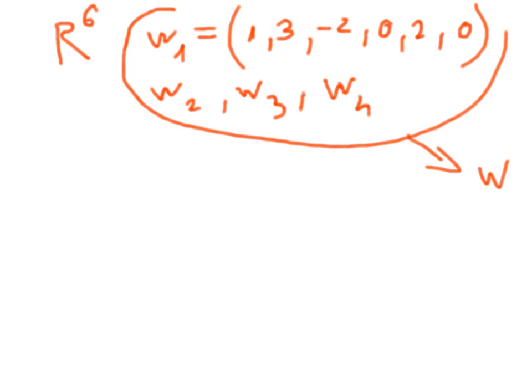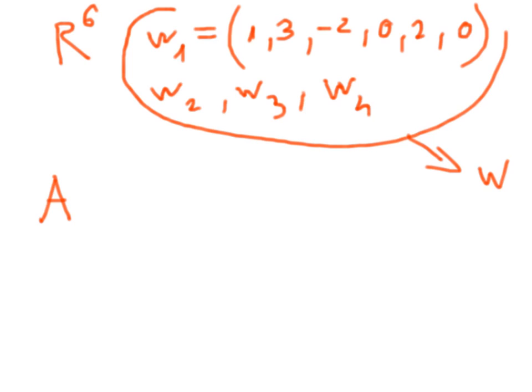Now, to solve this, you have to remember that if you take a matrix A and compute the null space of A and the row space of A, these two spaces are orthogonal.